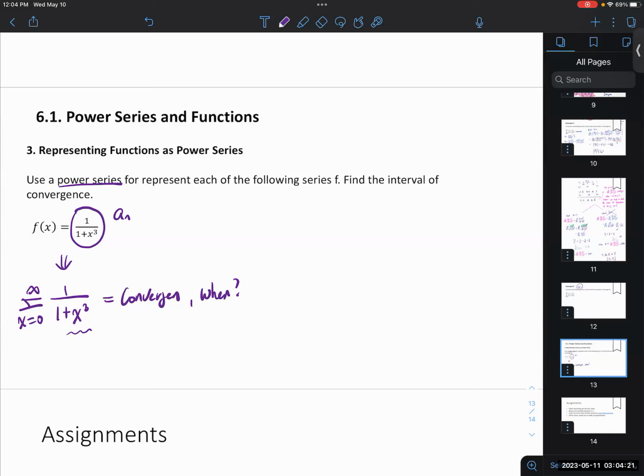Sometimes you don't need the ratio test, because watch me, you can think in a slightly different way. You can rewrite it as 1 over 1 minus negative x to the third. How about that? Because a double negative changes to positive. So I can just modify that equation, and then we know 1 plus x, x to the second, whatever.